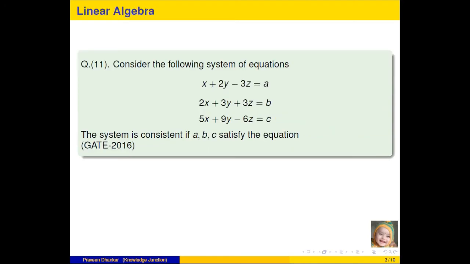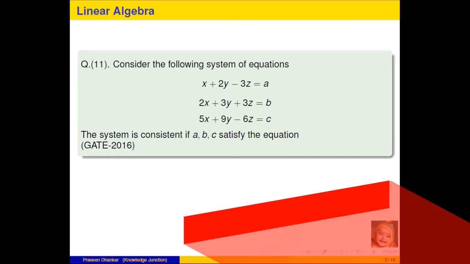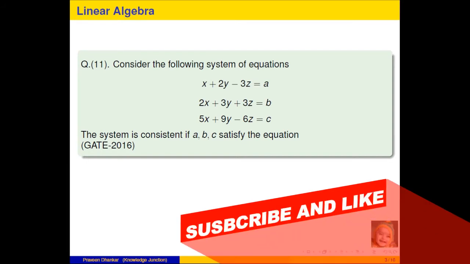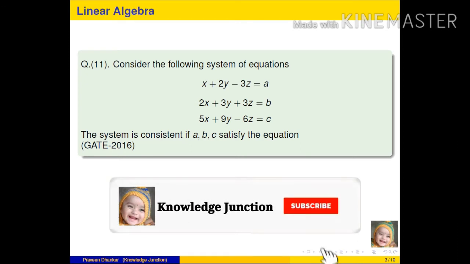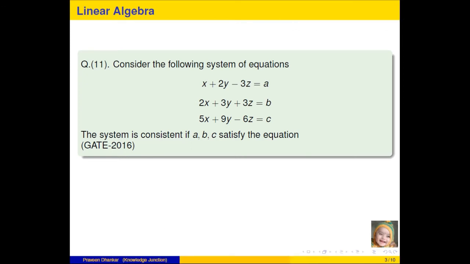Consider the following system of equations: x plus 2y minus 3z equal to a, 2x plus 3y plus 3z equal to b, 5x plus 9y minus 6z equal to c. The system is consistent if a, b, c satisfy the equation.